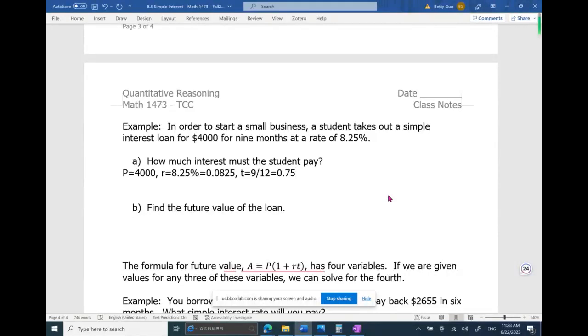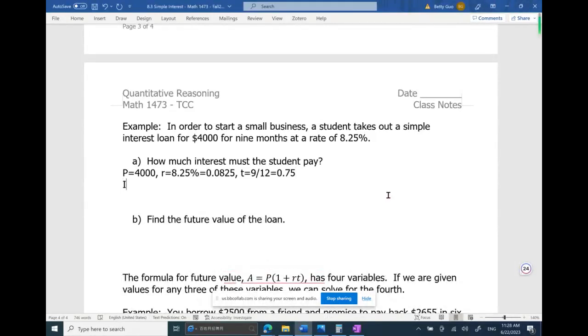That is 0.75 a year. The formula for finding the interest: I equals P times R times T equals P, which is 4,000, multiplied by the annual interest rate 0.0825, and multiplied by the time in years 0.75.